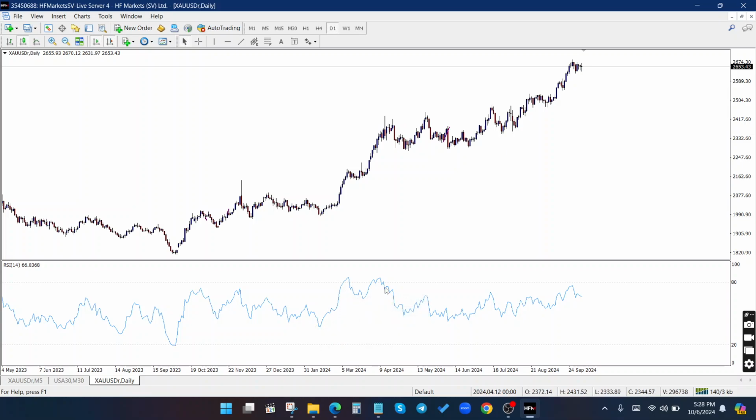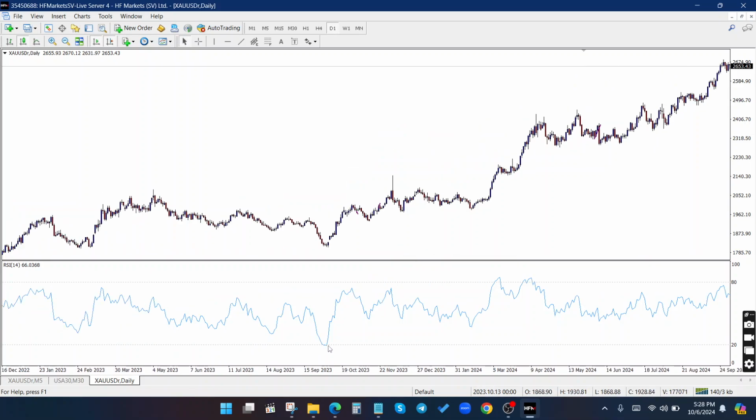The threshold now is 80, and whenever RSI enters that 80 level, you will know that the overbought indication is stronger compared to when it was at 70, right? And as for this, compared to when it was at 30, you will know that the oversold indication is stronger.